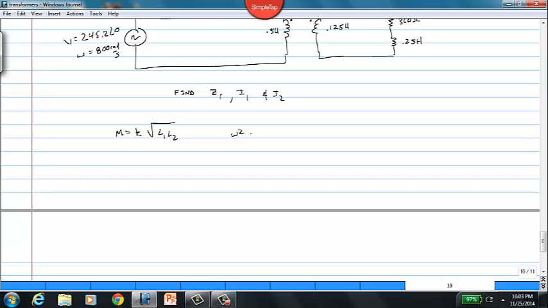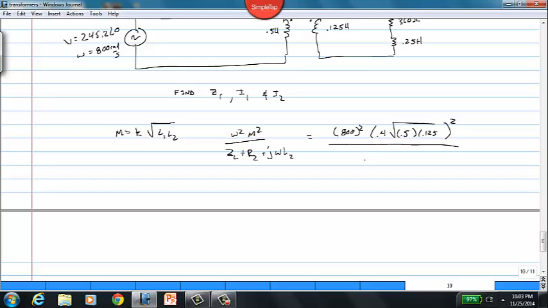Therefore, omega squared M squared over ZL plus R2 plus J omega L2 is going to be 800 radians per second squared times M, which is 0.4 times the square root of 0.5 times 0.125. So that whole thing is M. We square that.